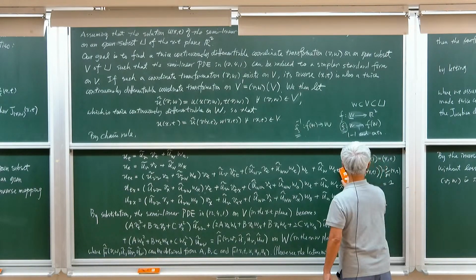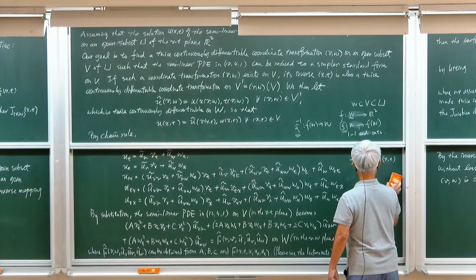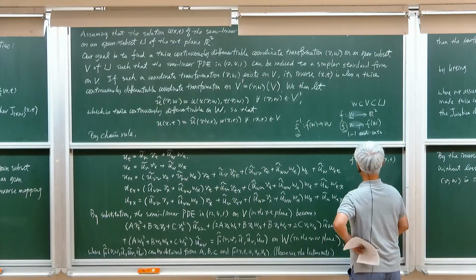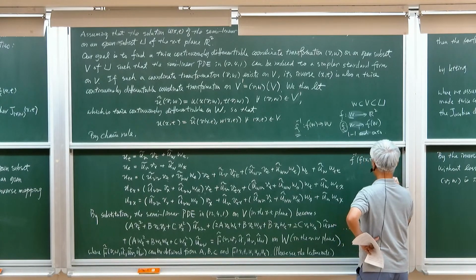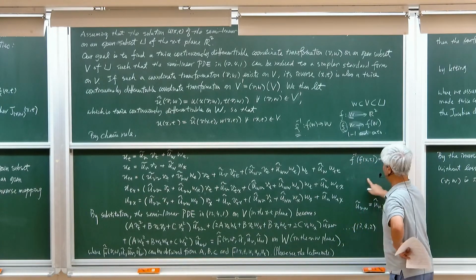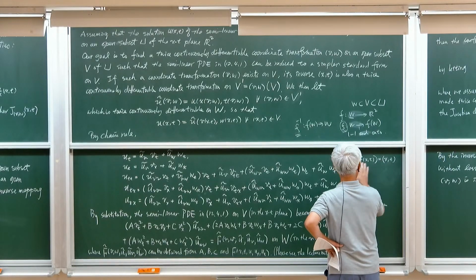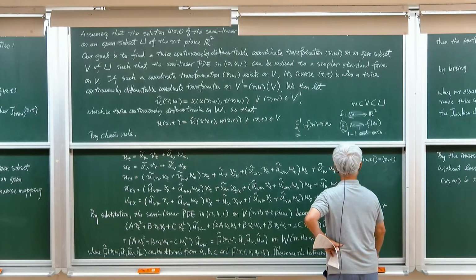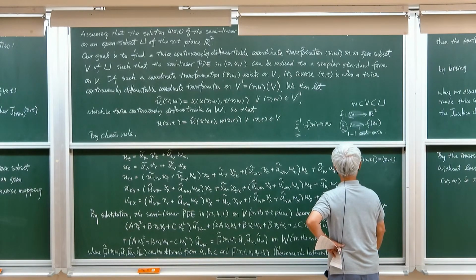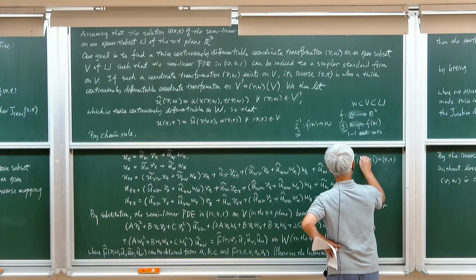This is the identity mapping, so that we have f inverse. This is the vector function.